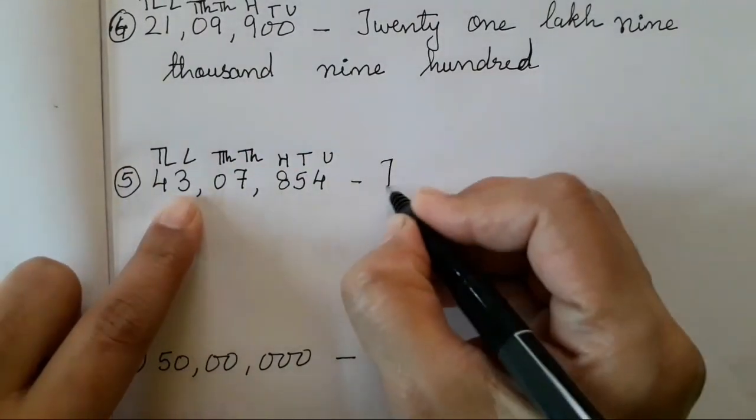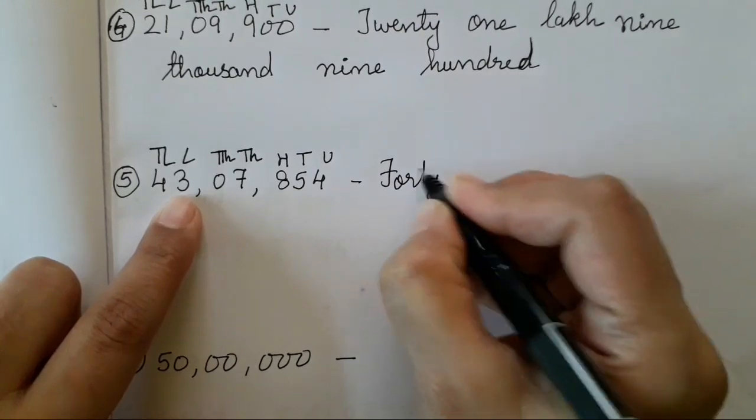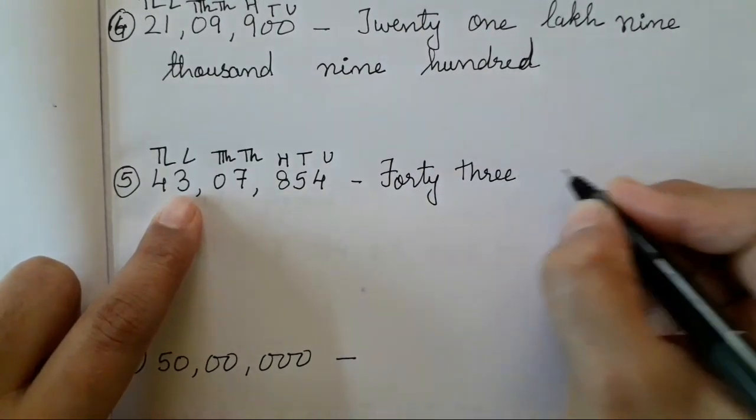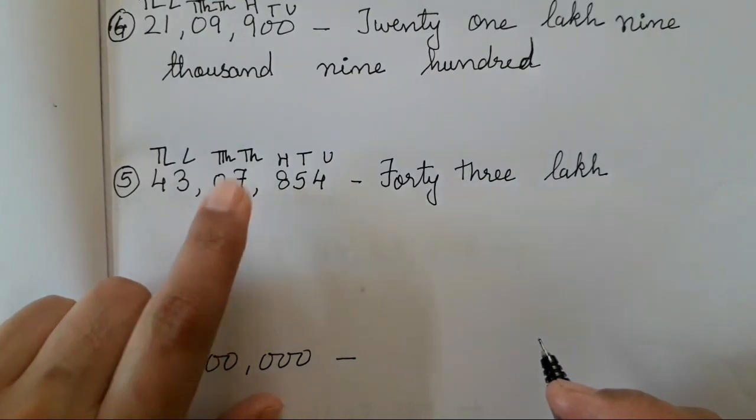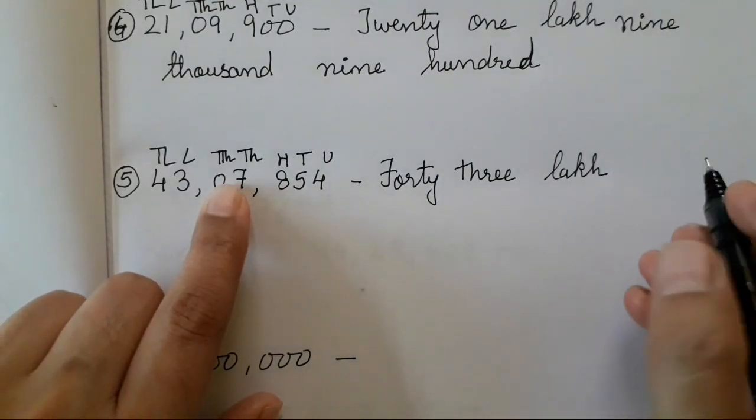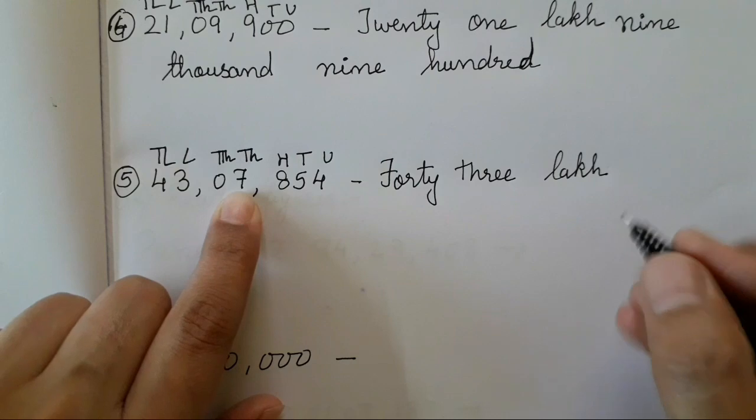So 43 lakh. Okay, 0 is there, so no need to write 0. We have to just count 7.